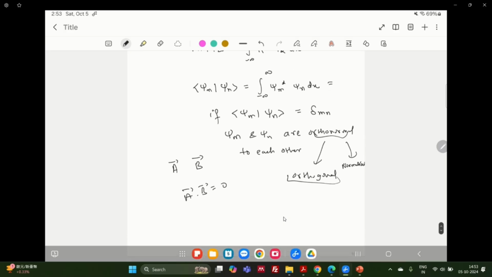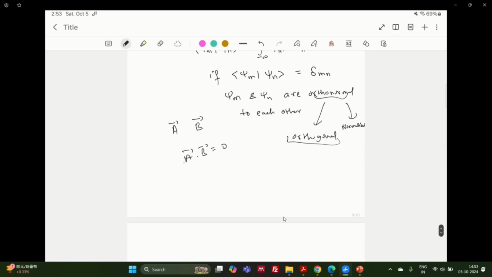So two functions which are orthogonal to each other will have their dot product equal to 0. This is basically the generalization of that. Here we are talking in terms of vectors, and there we are talking in terms of functions. So two functions are orthogonal if their dot product is equal to 0 when they are not equal.